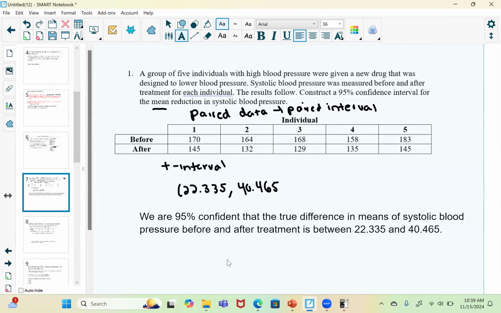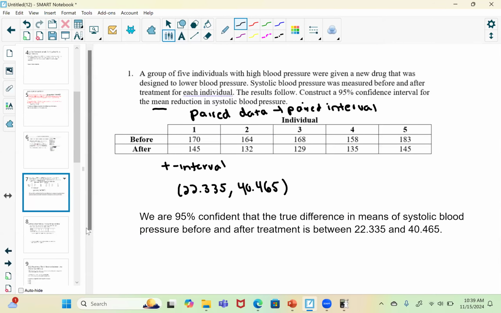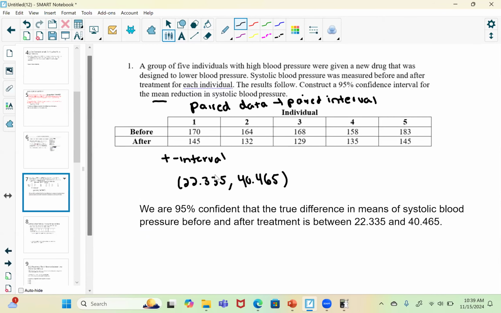And then there might be a question like, is this treatment effective? Did it lower blood pressure? And so remember, this represents mu d, the difference between mu1 and mu2. And so if we look, the difference between the first group and the second group is between 22.335 and 40.465. And so it means this first group is higher.